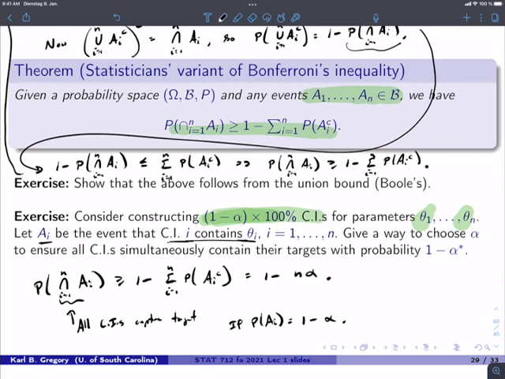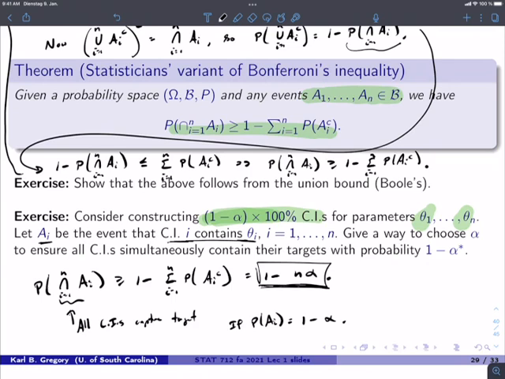And so if you build a bunch of 95% confidence intervals where alpha is 0.05, then if you build n of those, the probability that they all capture their targets is only guaranteed to be as great as 1 minus n times alpha.